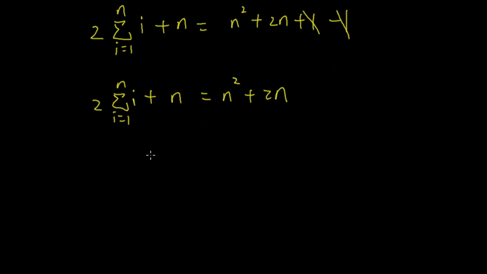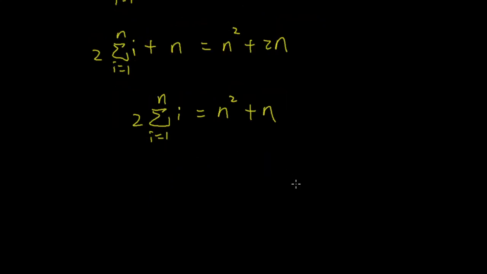Now, subtract n from both sides. I have 2 times the sum of i is equal to n squared plus n. Now, divide both sides by 2. We need to isolate this sum of i. So I have (n squared plus n) all over 2.